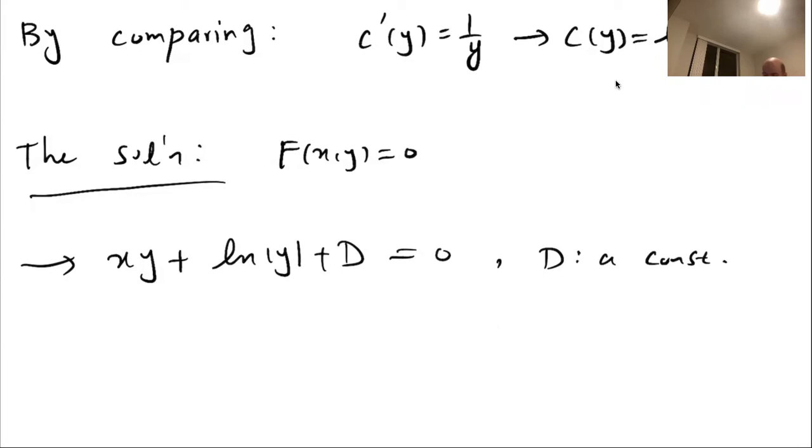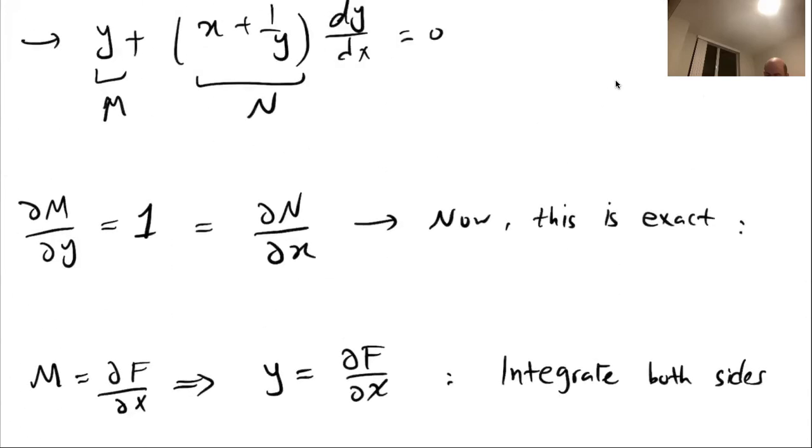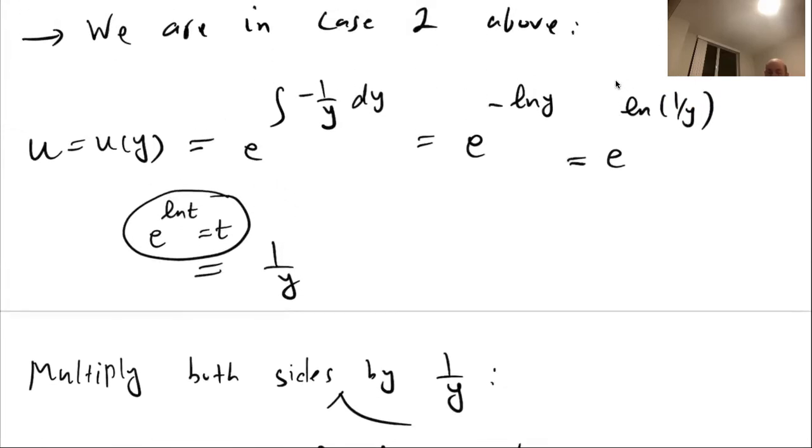But one thing that I want you to notice here is how did we get this solution? We got this solution by multiplying both sides by u, but what was u? It was 1 over y. So we can multiply both sides with 1 over y, or in other words, we can divide both sides by y as long as y is non-zero.